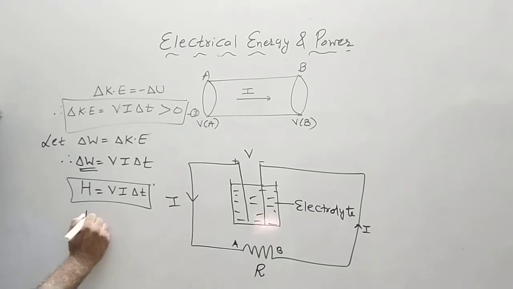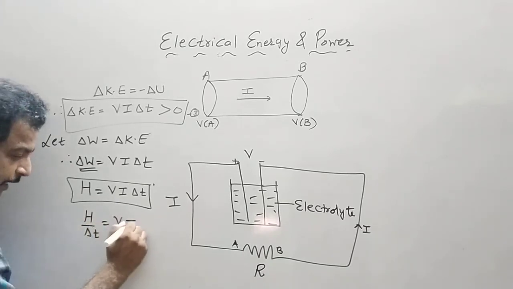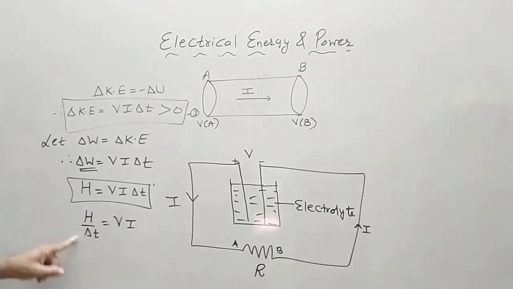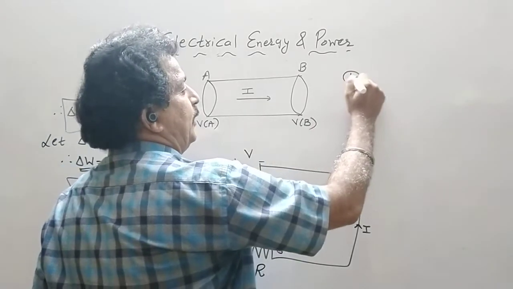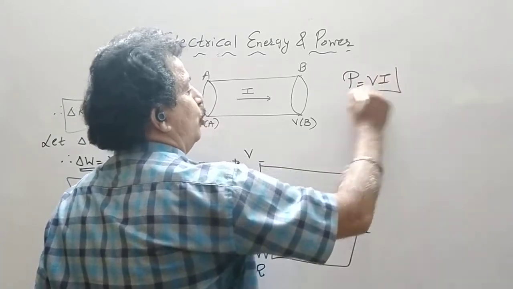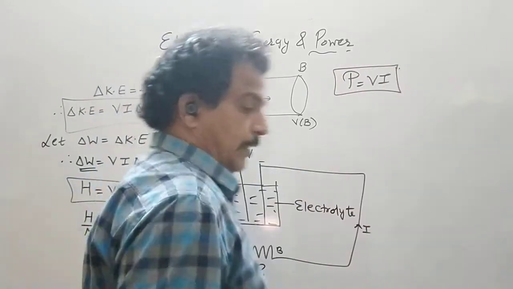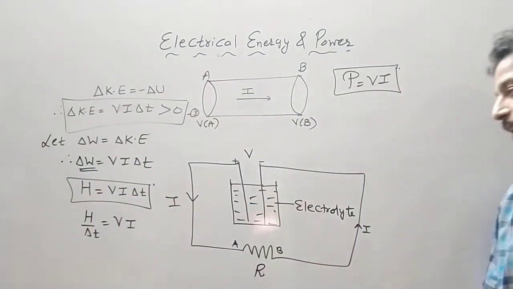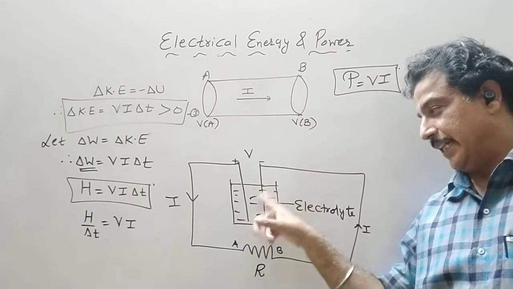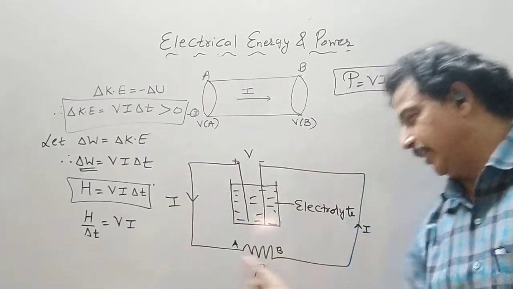Now, heat energy per unit time is VI, and therefore the power is equal to V into I. So this is assuming there is no loss inside the cell, there is no loss in the wire.